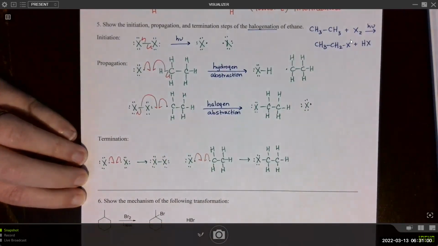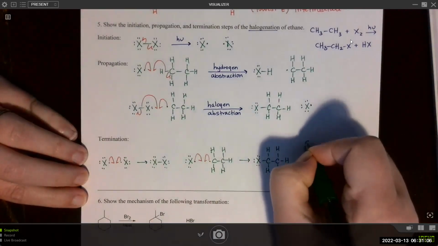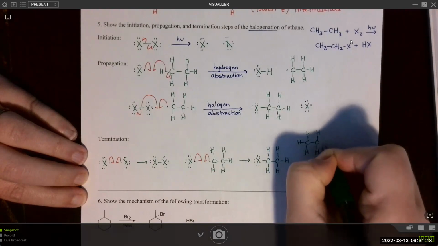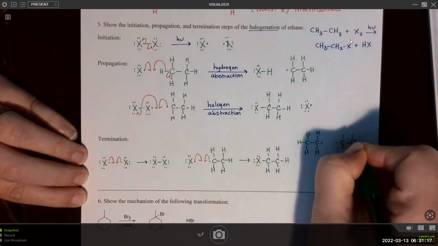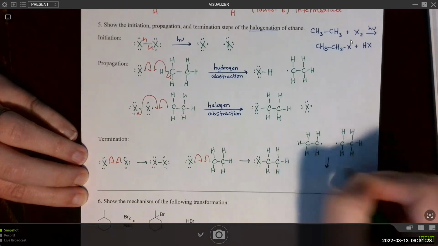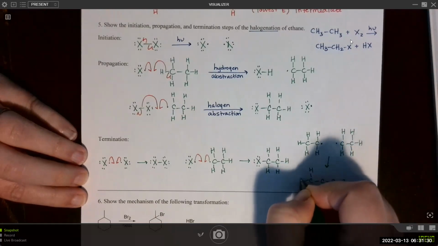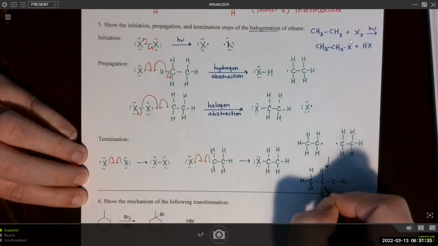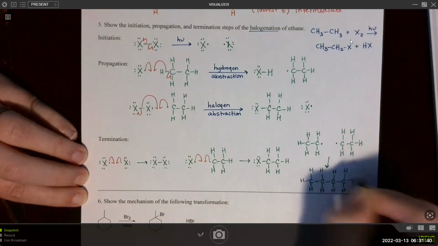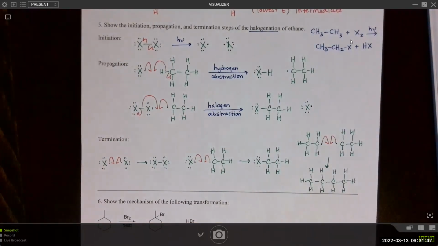And then the third possibility would be two of the carbon radicals coming together, to form, in this case, some butane. Okay, moving on.